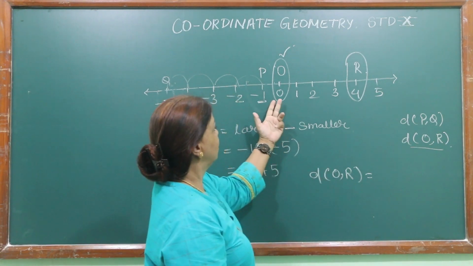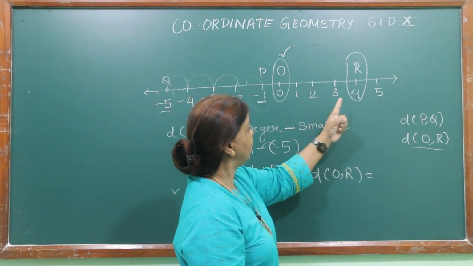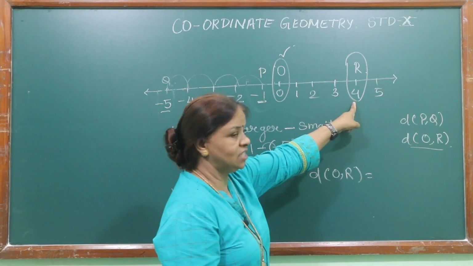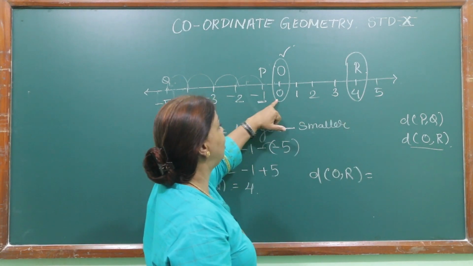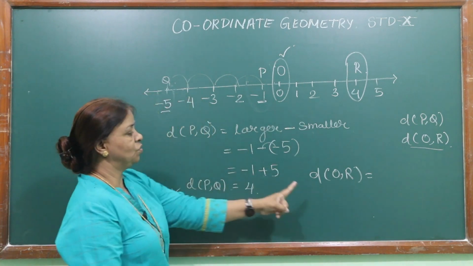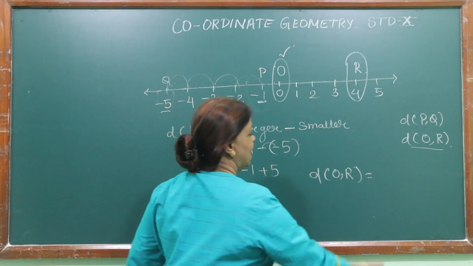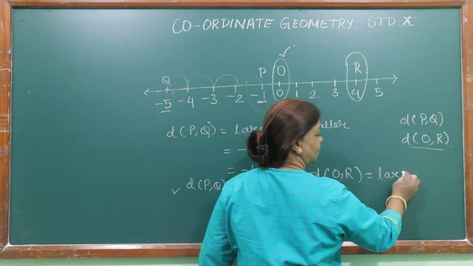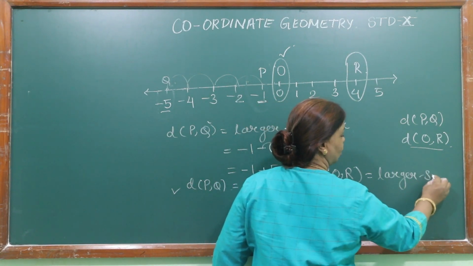So here the coordinate of R is 4, which is larger, and coordinate of O is 0, which is smaller. As per the formula, if you want to find out distance OR, larger coordinate minus the smaller coordinate.